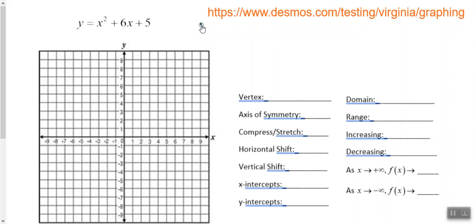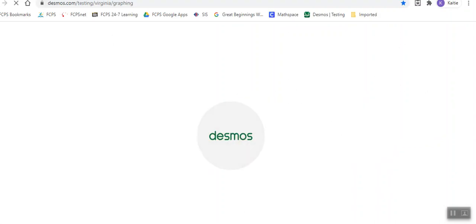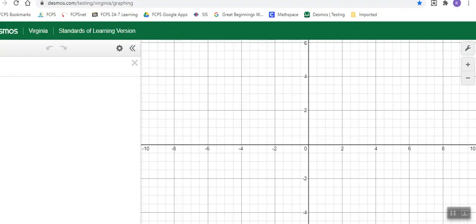Okay, I'm going to go ahead and go to Desmos. There we go. All right, and once you are in Desmos, go ahead and type in the first problem.